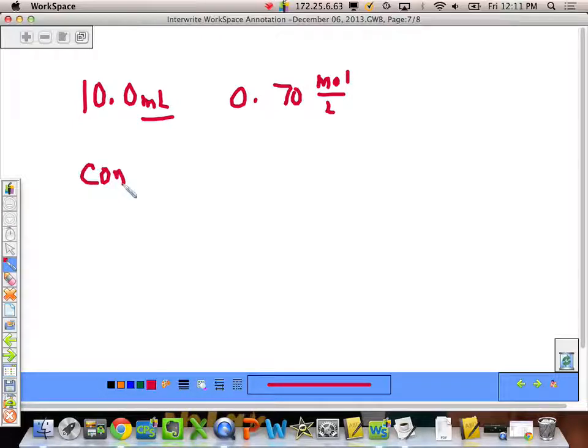So first step is going to be to convert the milliliters. Again, it's of what you actually use. So this is fake data for us right now. You're going to have to write down what you actually use. We're going to convert milliliters to liters. And I can do that because I know that there are 1,000 milliliters in every 1 liter.